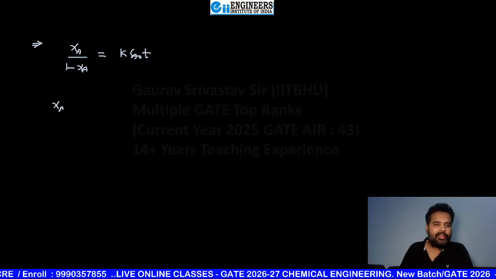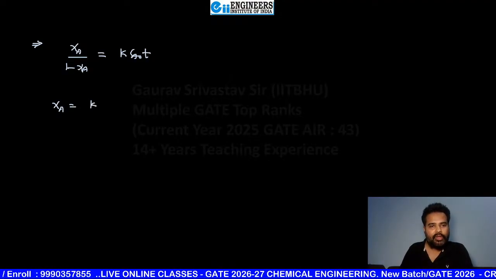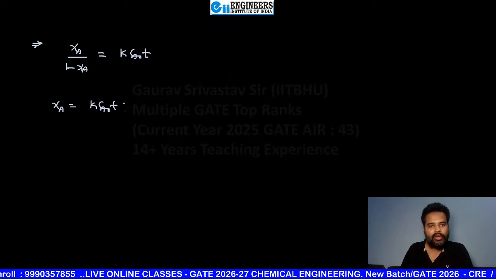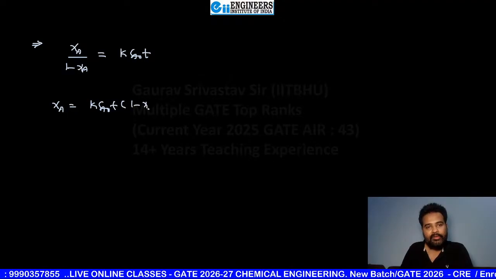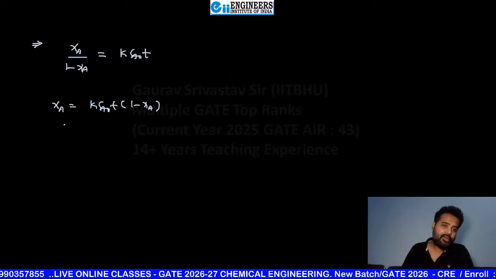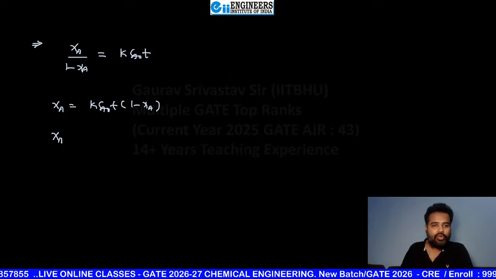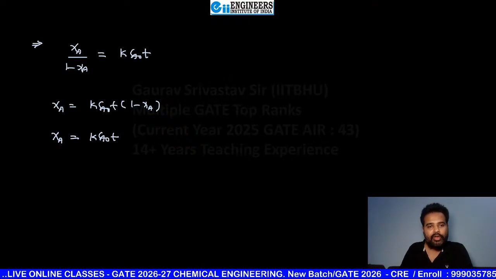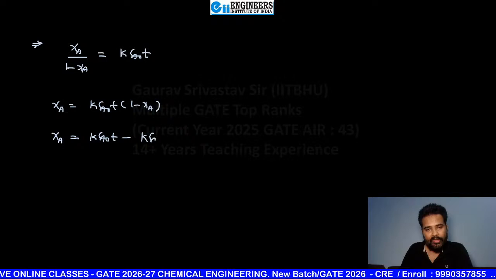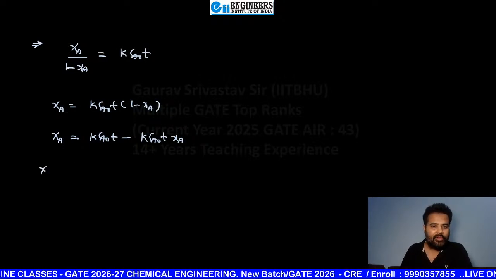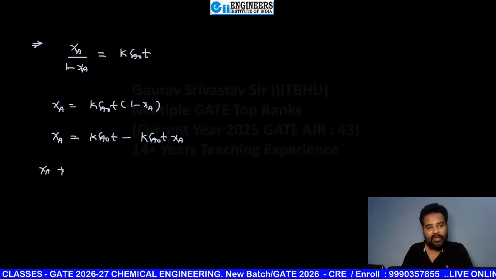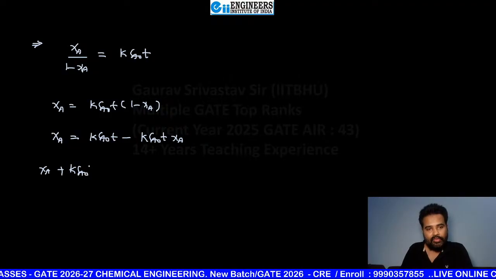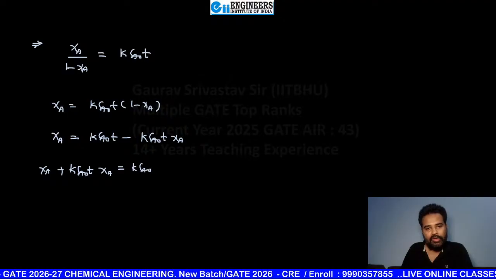Cross multiplication will give you xa is equal to k ca naught t into 1 minus xa. Further solving will give you xa is equal to k ca naught t minus k ca naught t xa. Write xa on one side, so xa plus k ca naught t xa equals k ca naught t.